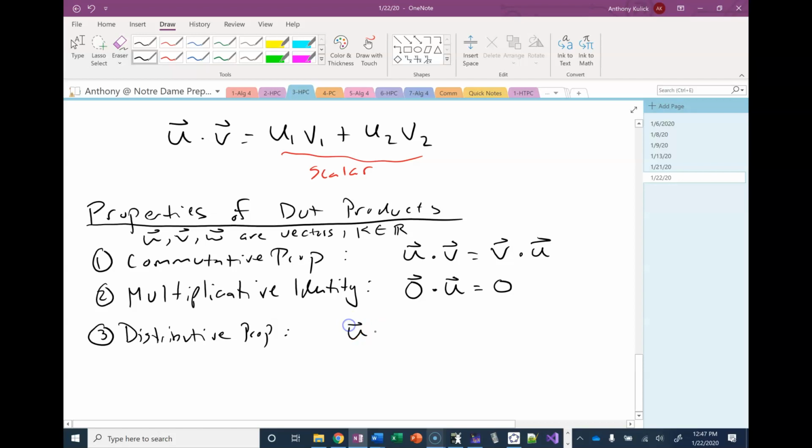So this says that u dot (v plus w) is equal to u dot v plus u dot w. And because dot products are commutative, it doesn't matter on which side of the parentheses you do that dot product.